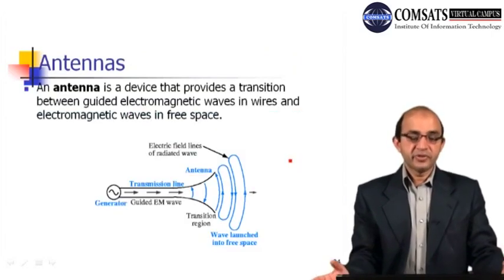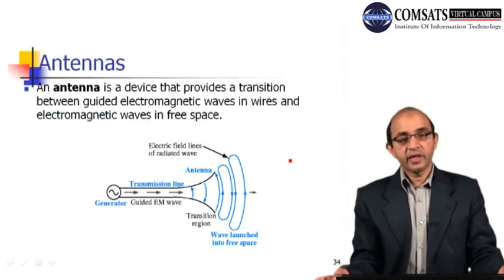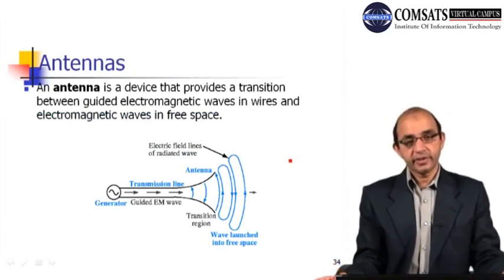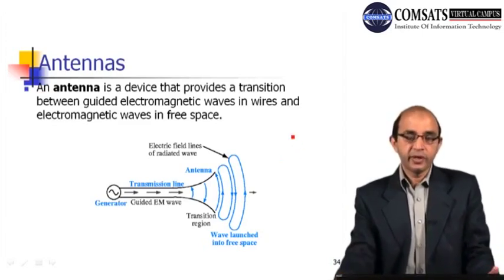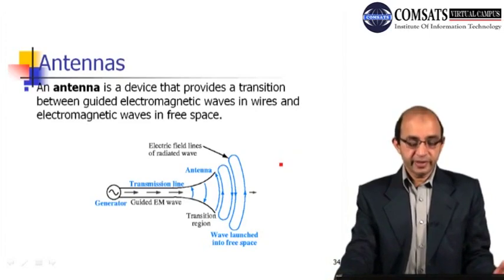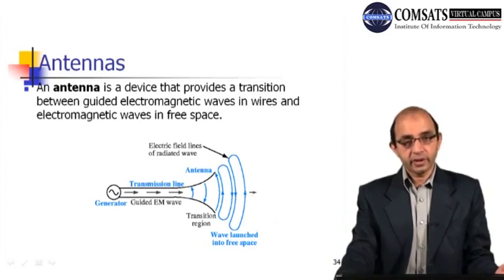As mentioned, we can take the antenna as a transducer that is converting energy from one form to another form. If we look at our left hand side, we have a generator that is generating currents or voltages, and this is an alternating source in case of current or voltage.